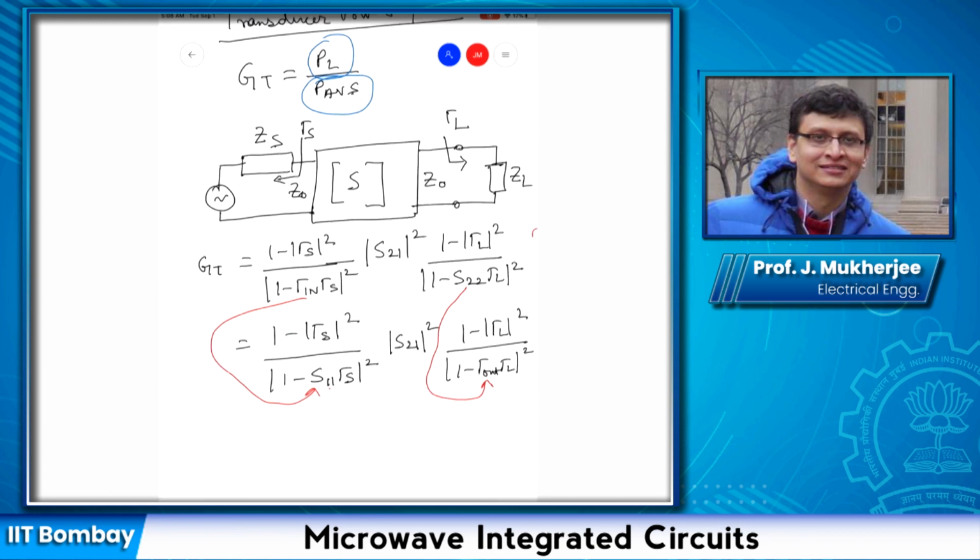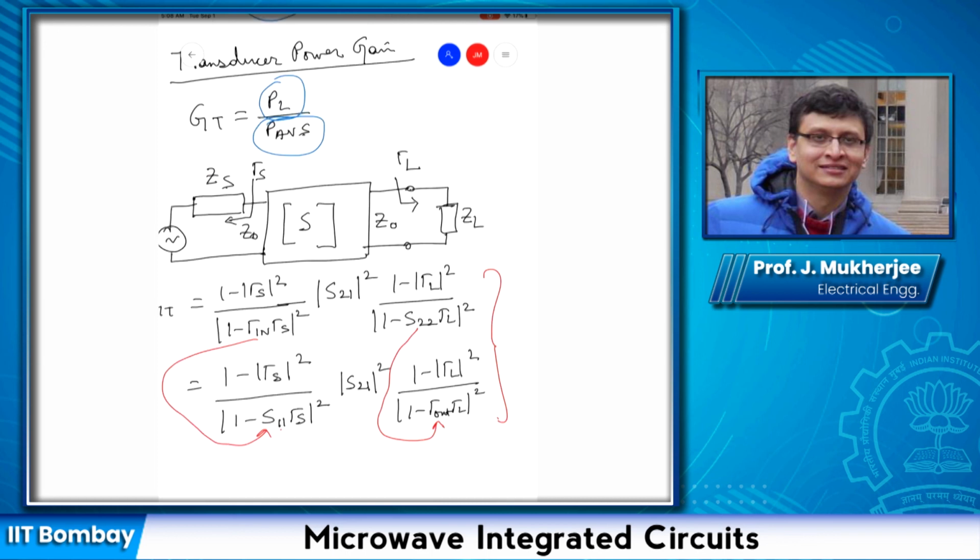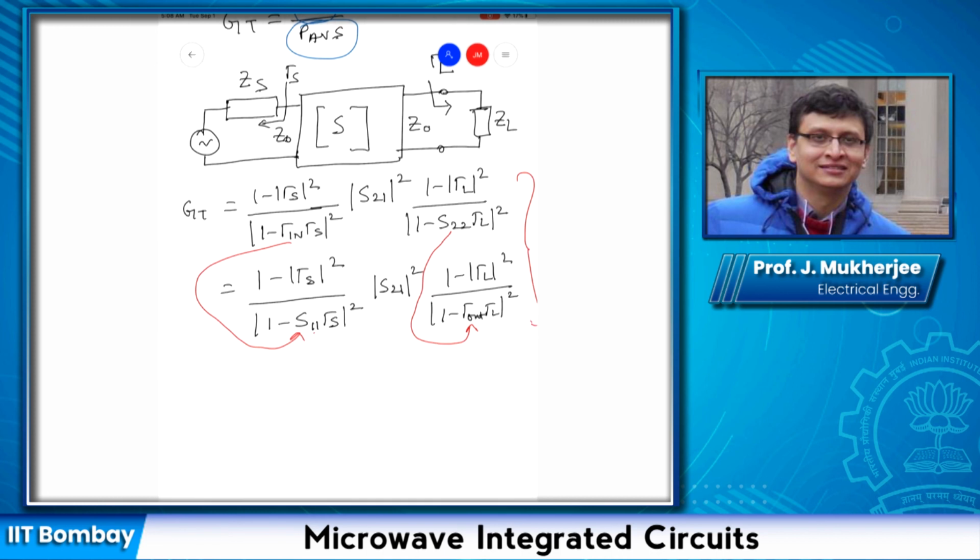Now, the problem with GT is that it is a function of both gamma S and gamma L. This expression is, by the way, what we call the bilateral case.